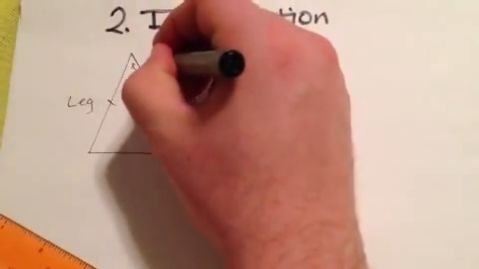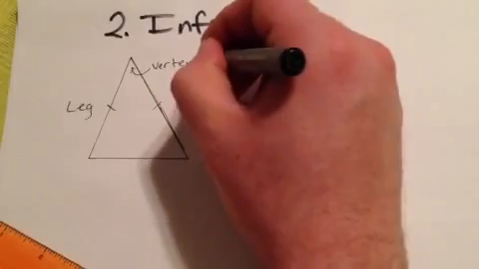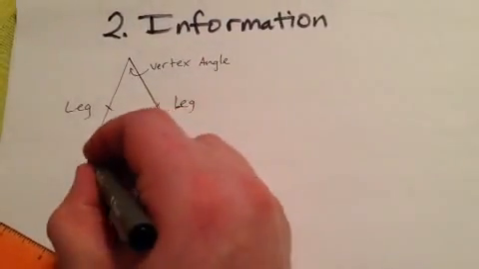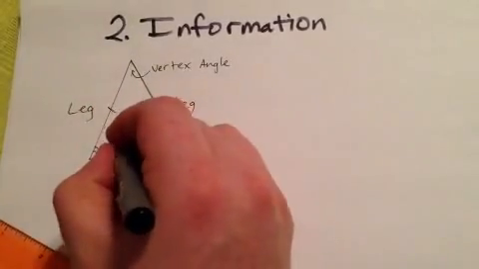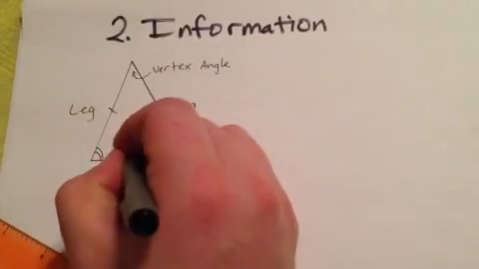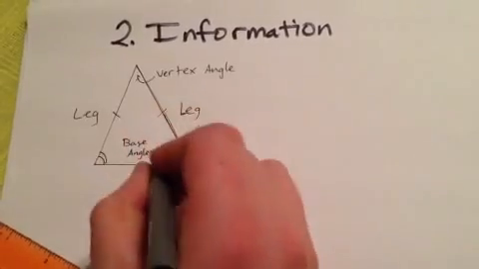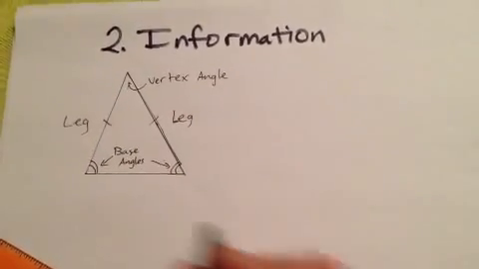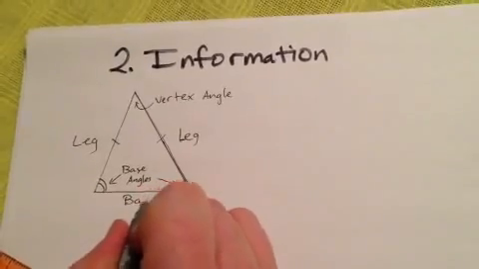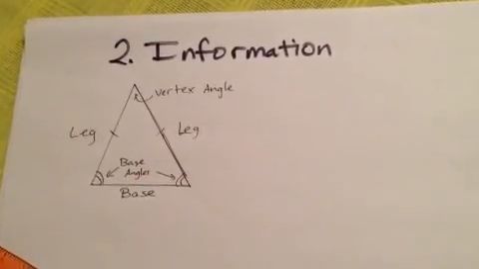Okay? And this angle here, as I said before, is the vertex angle. There's only one vertex angle. However, the base angles, which we've already proven are congruent, are these two angles that are not the vertex angle. And the reason they're called the base angles is because the third side we call the base.